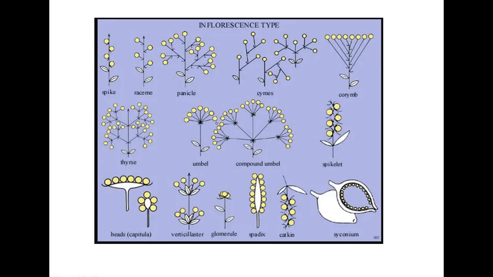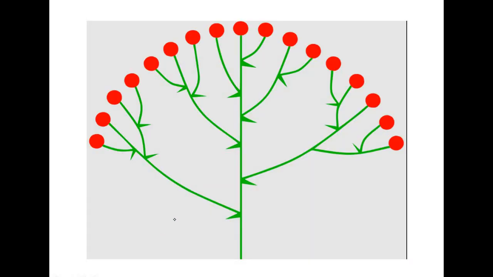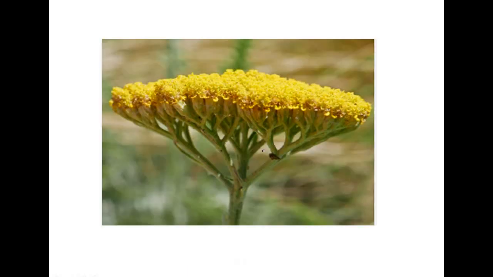Here is a compound umbel, and next we will discuss head or capitulum. This is umbel, a compound umbel, one kind of umbel. No, this is corymb. You can check it by the pedicels.